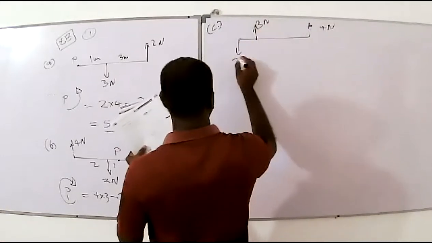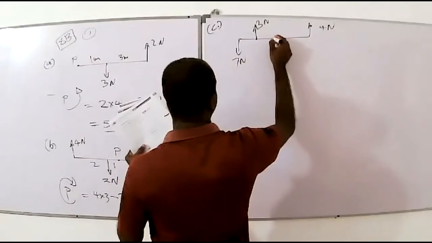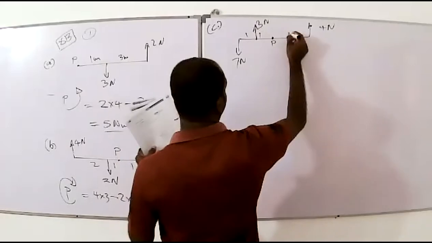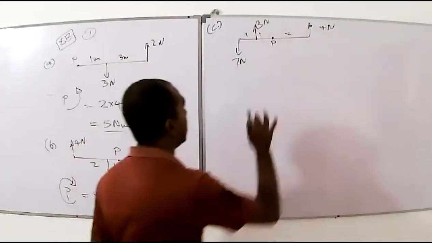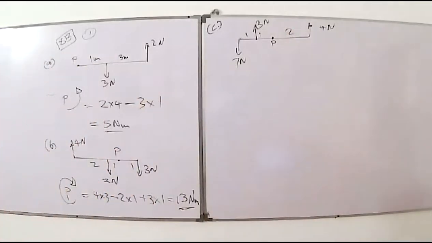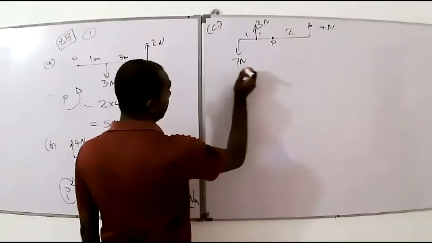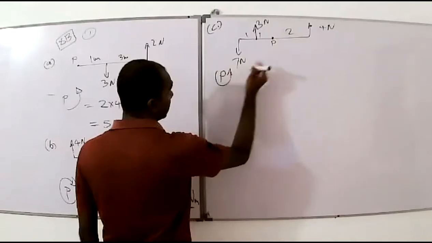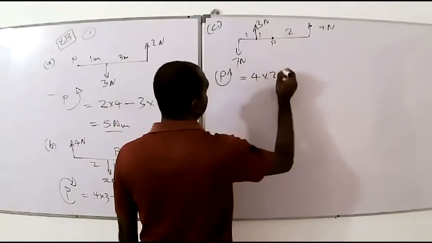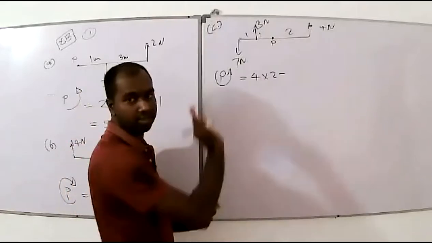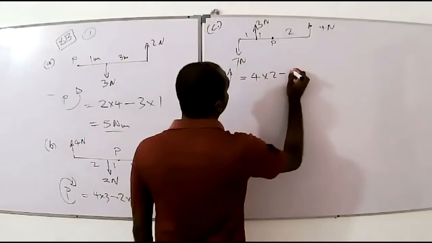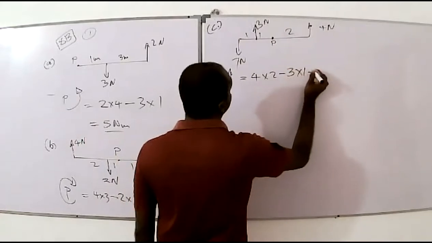So 3 Newton, 7 Newton, and P. 1, 1, 2. Which direction am I going to calculate? I am taking clockwise. So this is 4 into 2. Minus the 3 is against which direction? Anti-clockwise, sorry, clockwise. So it is 3 into 1 plus again 7 into 2.